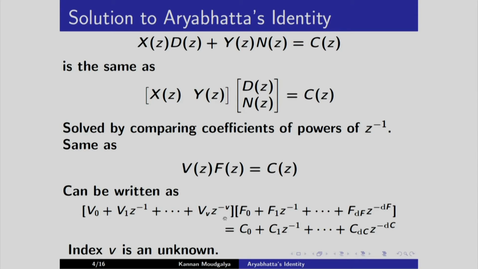Index v is unknown because we do not know the degree of x and the degree of y, the unknowns. X and y are unknown polynomials, their degrees are unknown, their coefficients are also unknown. As a result, this index v is also an unknown, and also all the coefficients v.